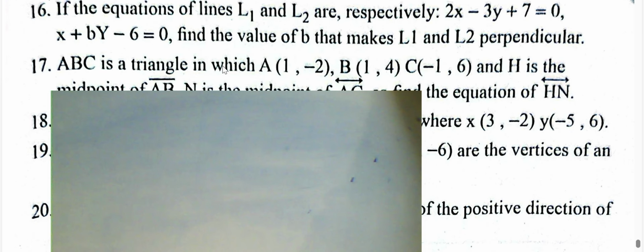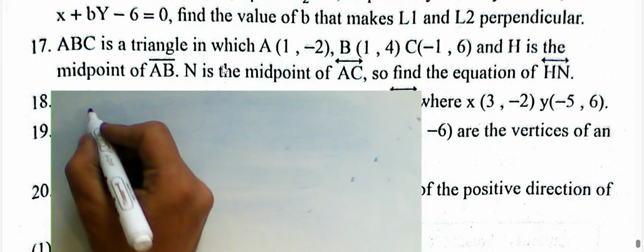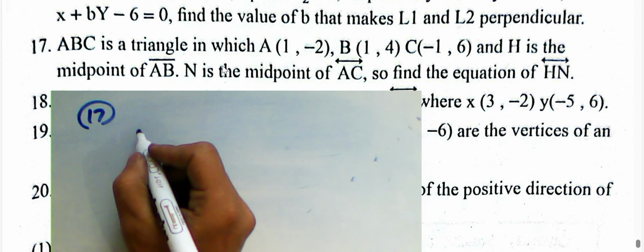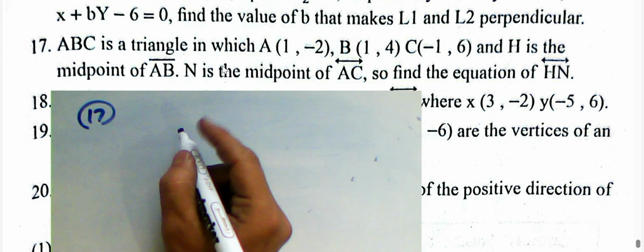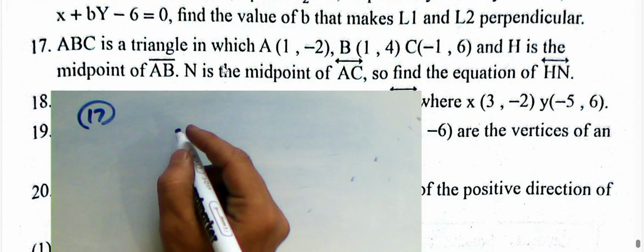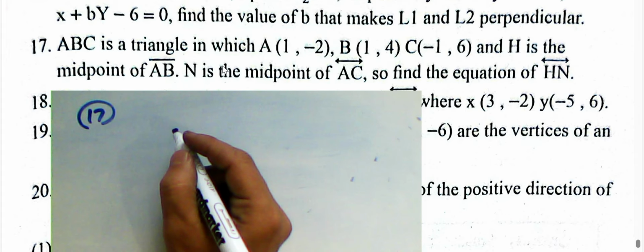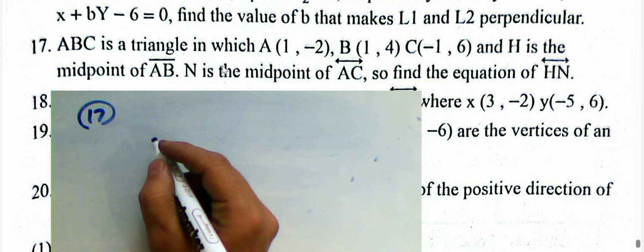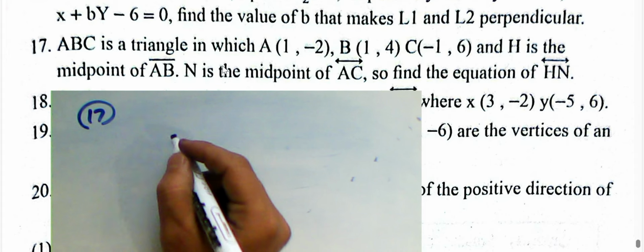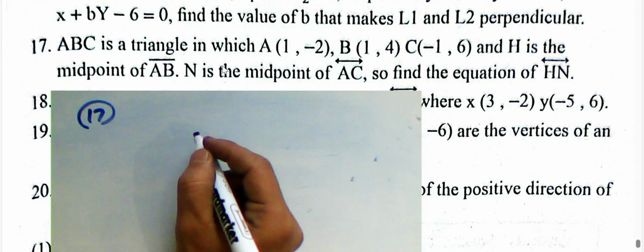Next question, number 17. ABC is a triangle where A is (1, negative 2), B is (1, 4), C is (negative 1, 6), and H is the midpoint of AB. N is the midpoint of AC, so find the equation of HN. We can find the equation of a straight line.